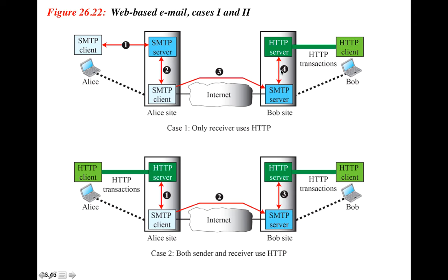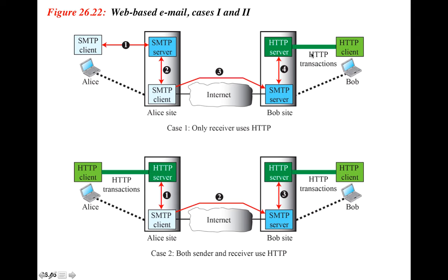However, what differs here is that we are not making use of POP or IMAP to retrieve the email because we are not making use of an email client in here. We are accessing our email using the web. So we are typing HTTP, for example, yahoo.com. And we are taken to the Yahoo website where we can go and enter our login details. So this is what happens here.